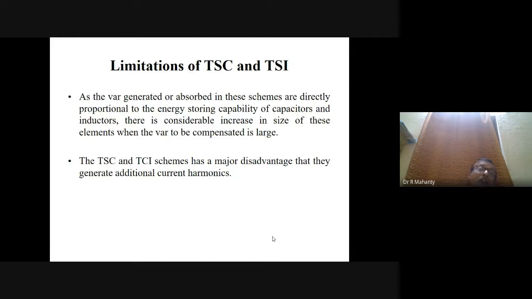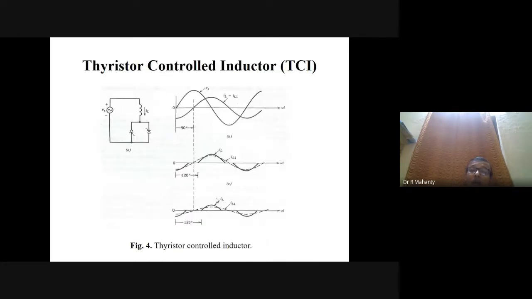And the other disadvantage of this scheme is that the TSC and TCI, that is thyristor switched capacitor and thyristor controlled inductor schemes, have a major disadvantage that they generate additional current harmonics. How? You can see here that, depending upon the value of alpha, if you take a large value of alpha, this current waveform is not a sine wave.